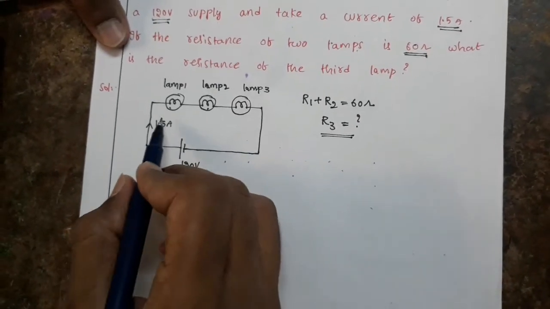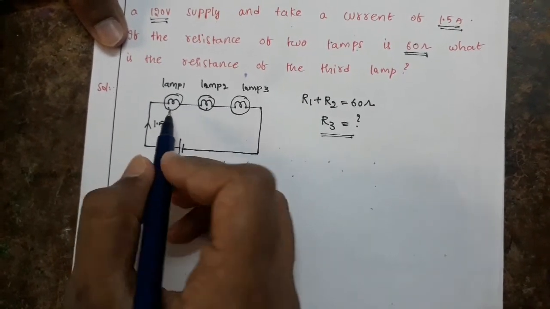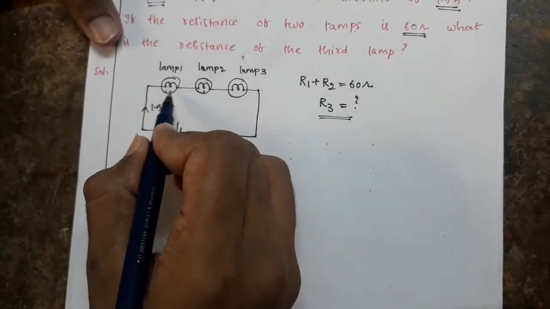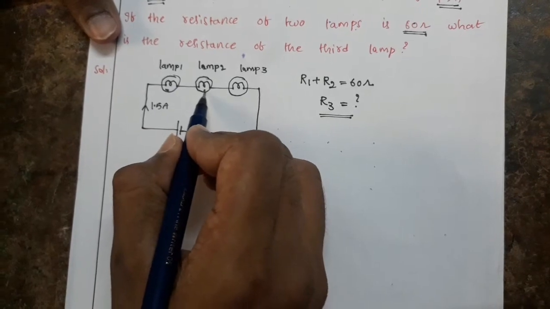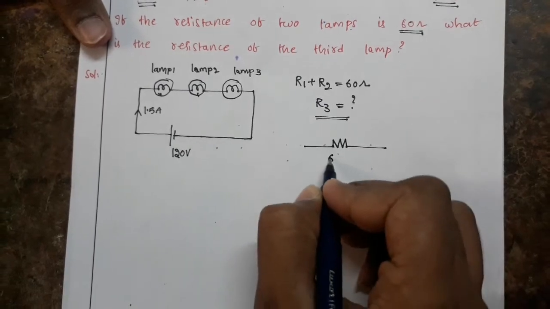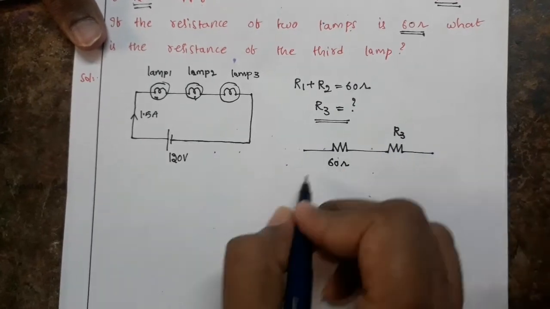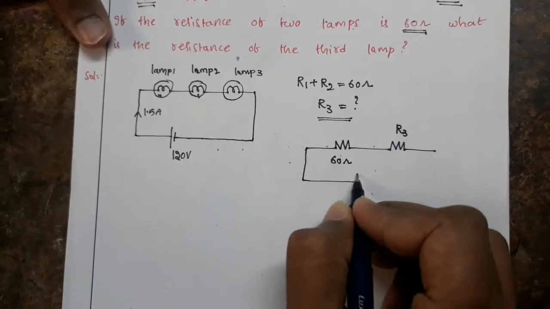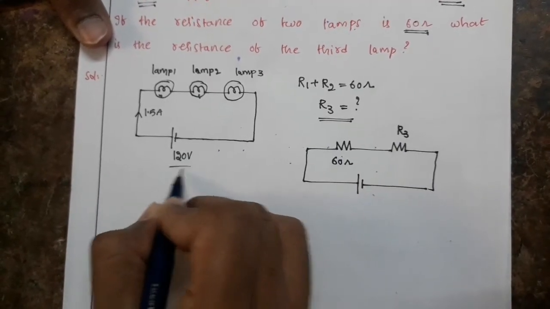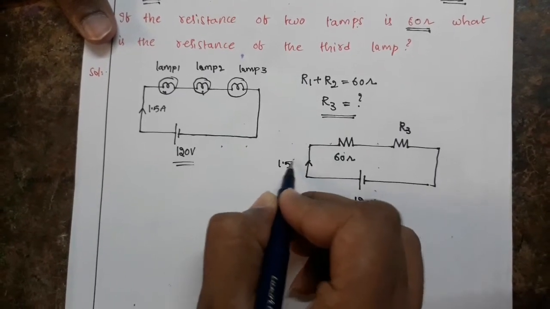So before that, I am making the lamps into an equivalent resistance. That is, lamp 1 and lamp 2 resistance is 60 ohms, and lamp 3 as R3 because we don't know R3. The voltage applied is 120 volts and the current flowing is 1.5 amperes.